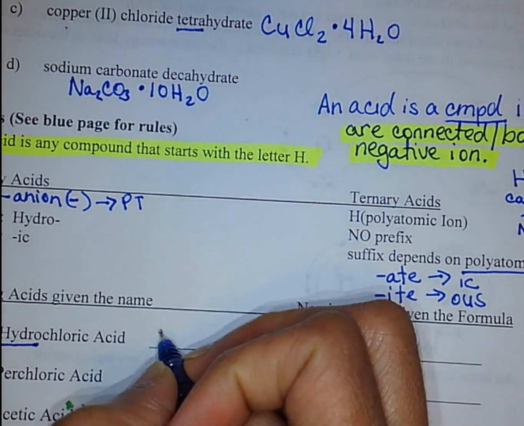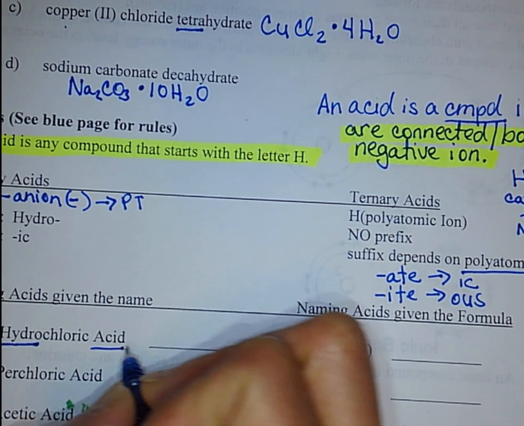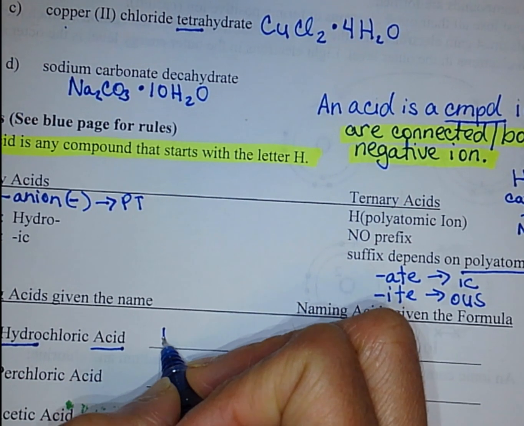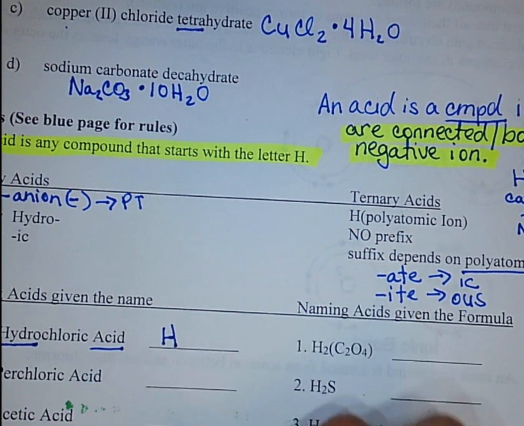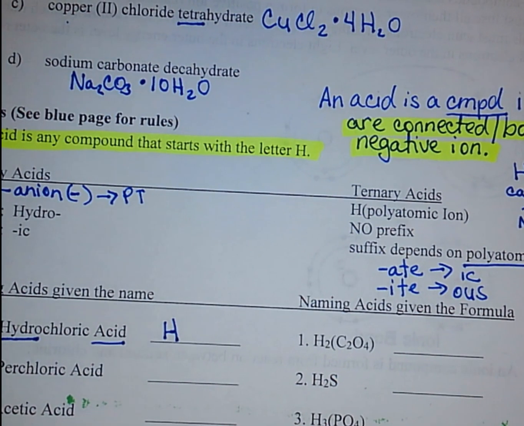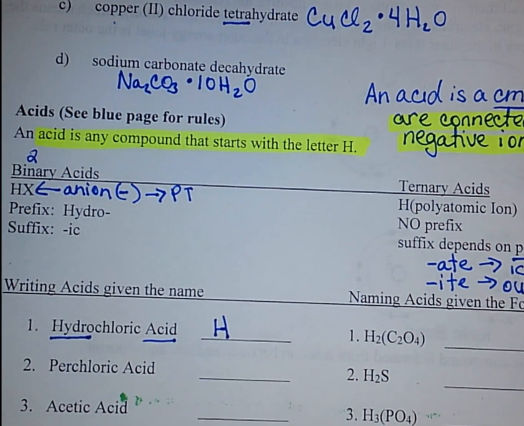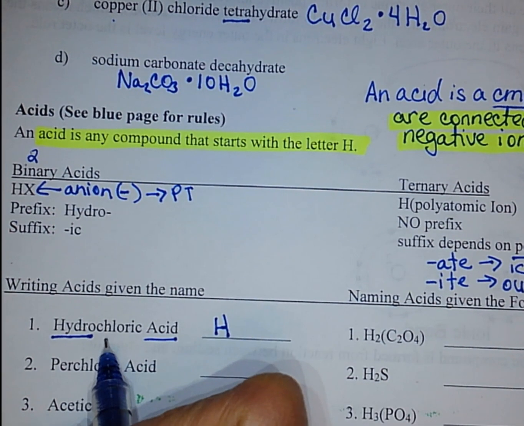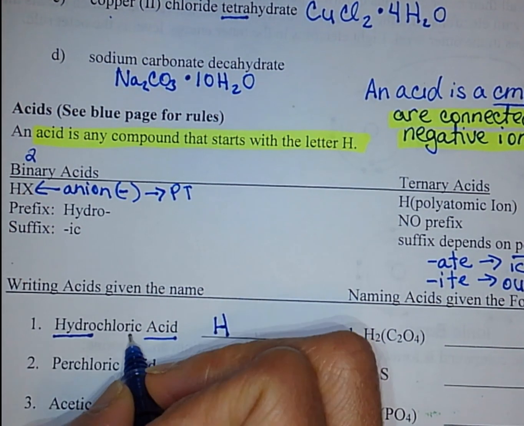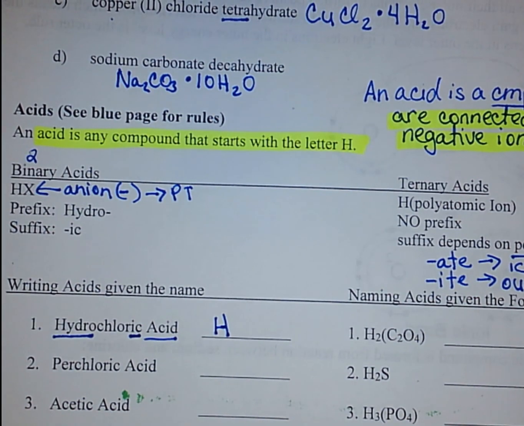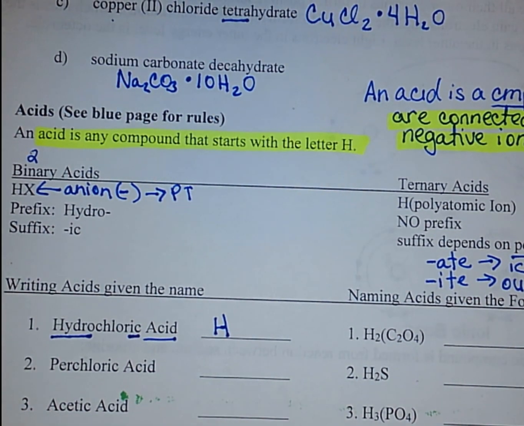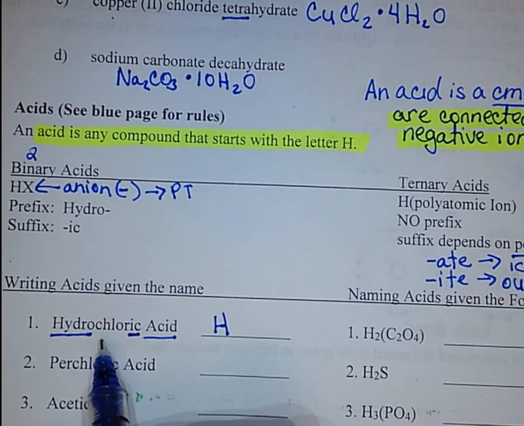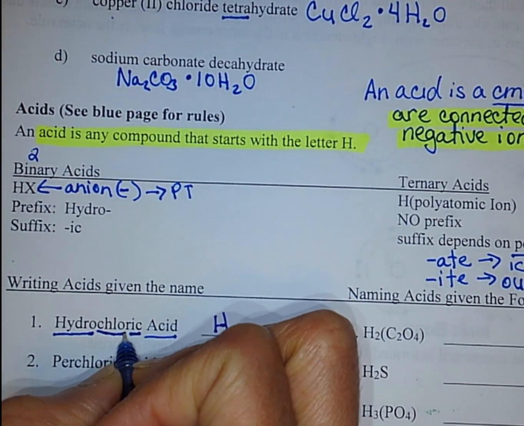That means that, because it's an acid, the first variable that you're going to write is going to be H. So it's going to be H right here. And then chloric, since it's got the ending IC, the element that it is talking about is chlorine.